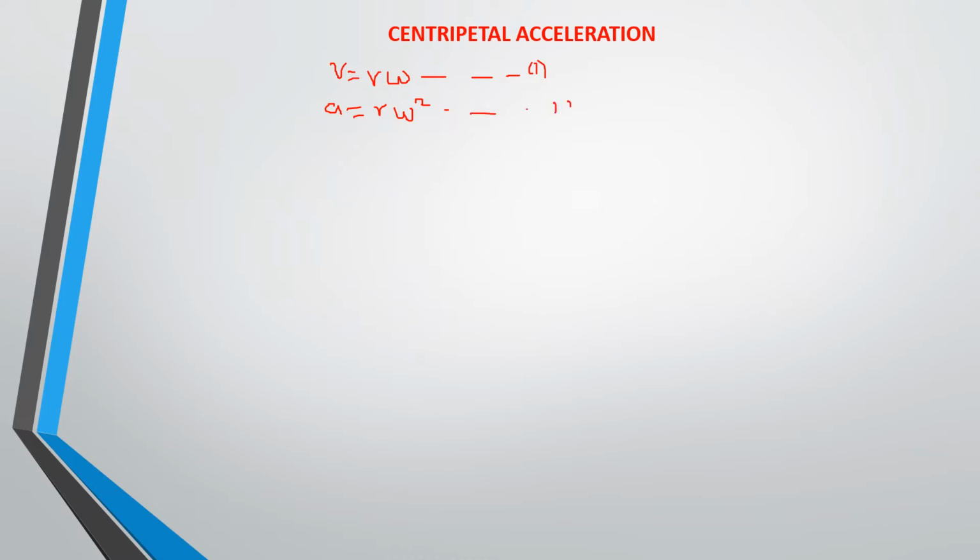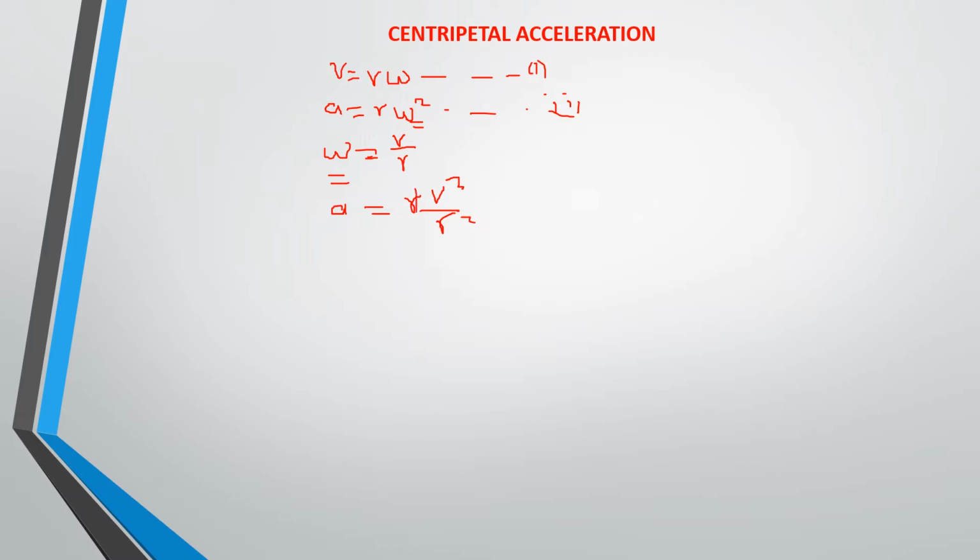From equation 1 we can make w the subject of formula. So w equals v all over r. Now if you substitute for w into this equation, it will give you that a is equals to r v squared all over r squared.